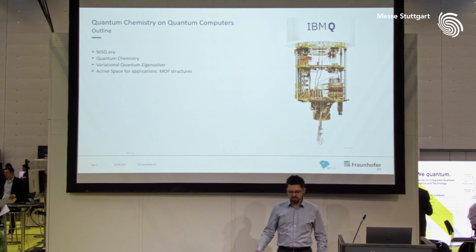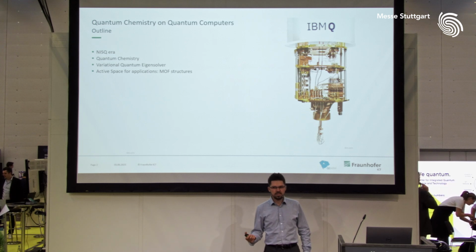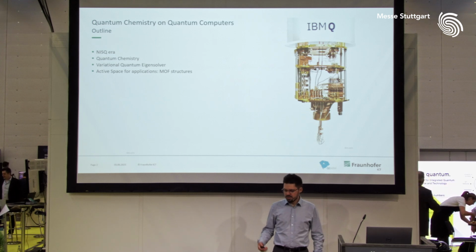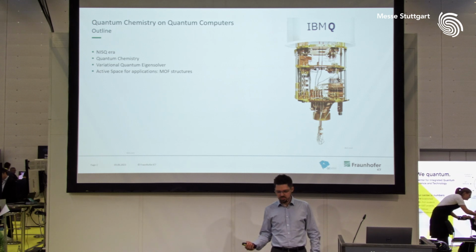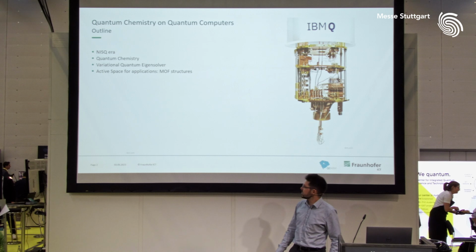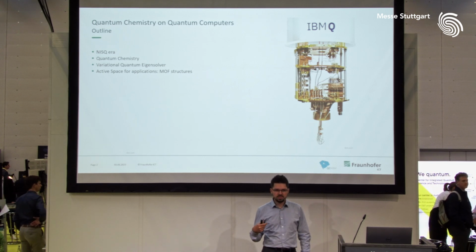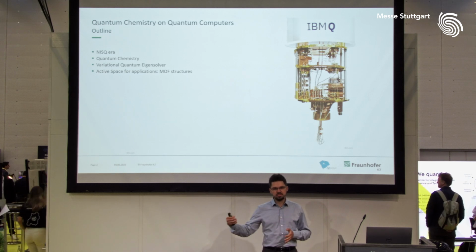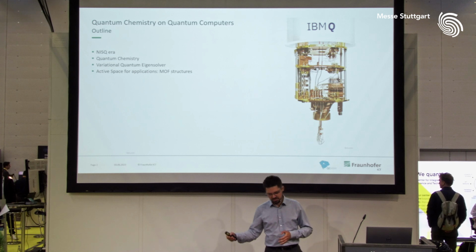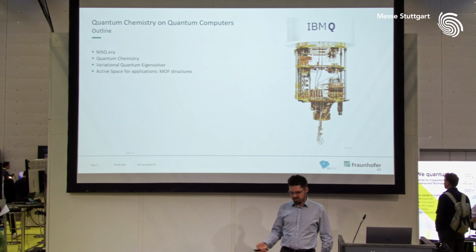Then go also further into quantum chemistry itself, and give you some idea of what we want to calculate there, show you how to calculate this on the quantum computer with the variational quantum eigensolver, and then go to the next step, so to go beyond this small hydrogen type of systems to simulate metal-organic frameworks on the quantum computer, and how we can do this with the current NISQ hardware.